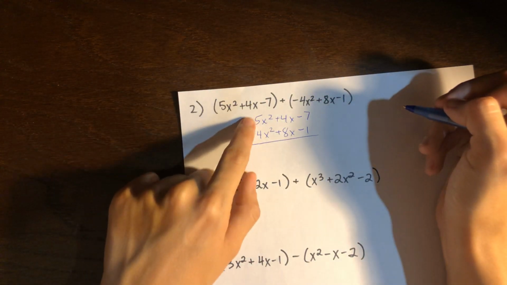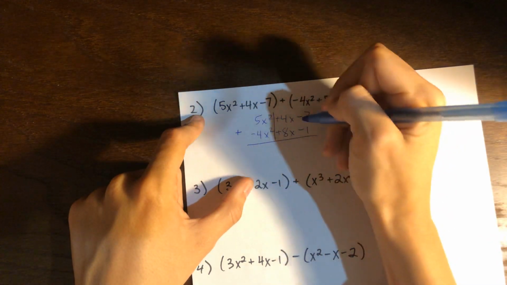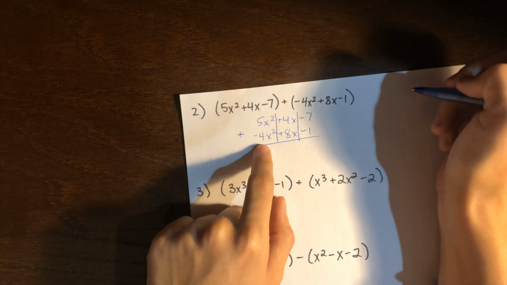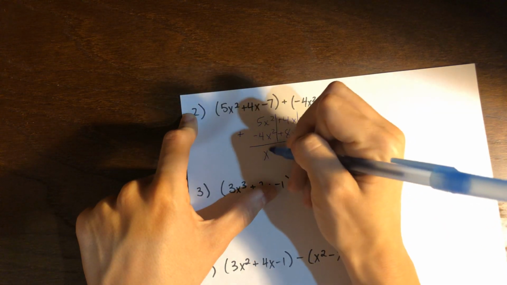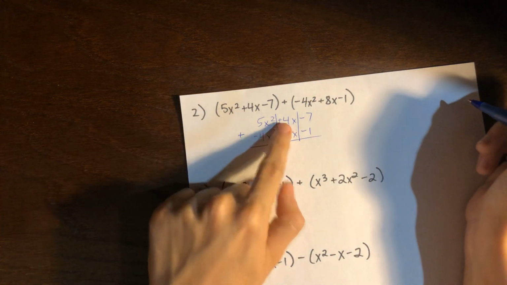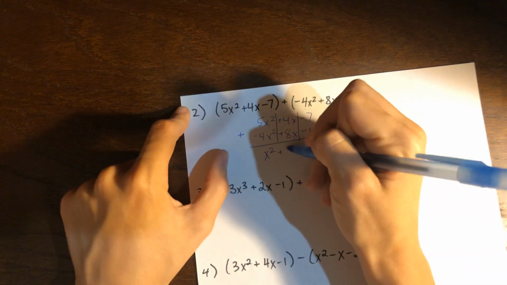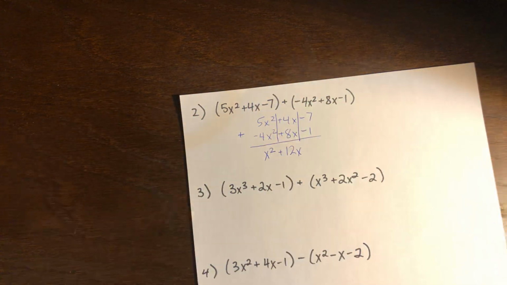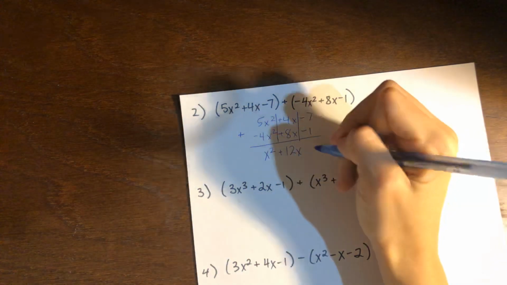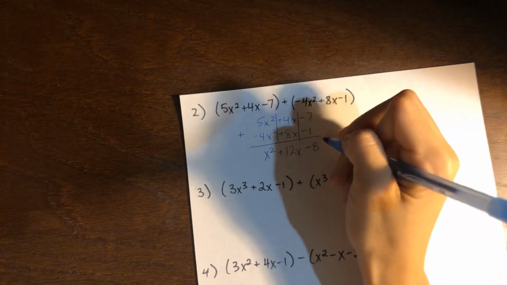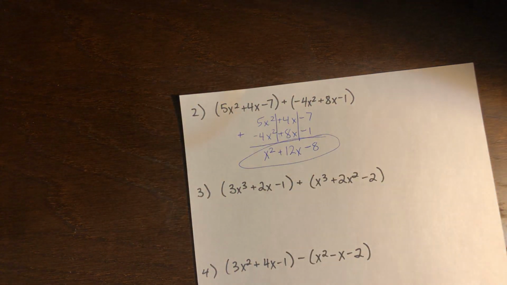So we have 5x squared minus 4x squared, so we just get 1x squared. 4 plus 8 is 12, so plus 12x. Negative 7 plus a negative 1 gives us a negative 8. Okay, so that is our answer.